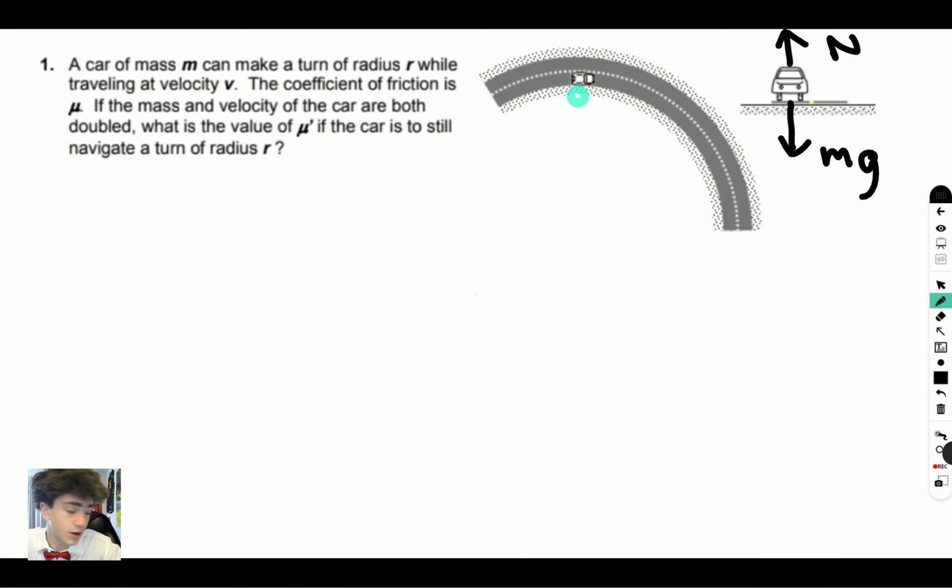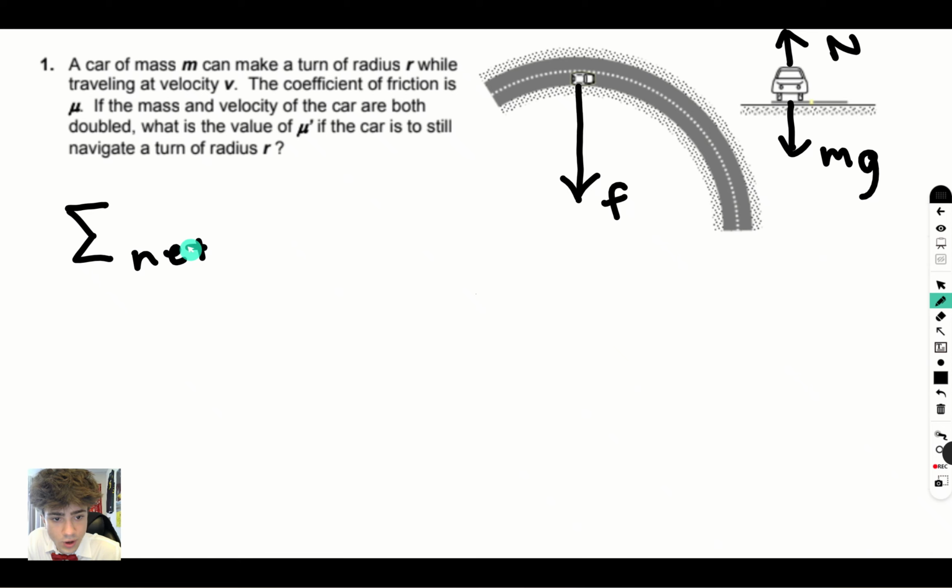Our only force in the x direction is going to be our centripetal force, which is going to be caused by friction. The friction is going to prevent the car from sliding off the road and make sure it stays on the track.